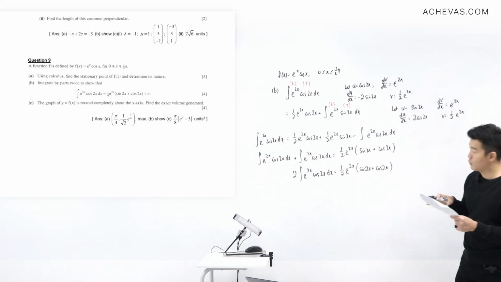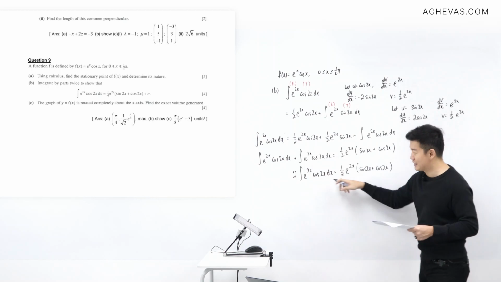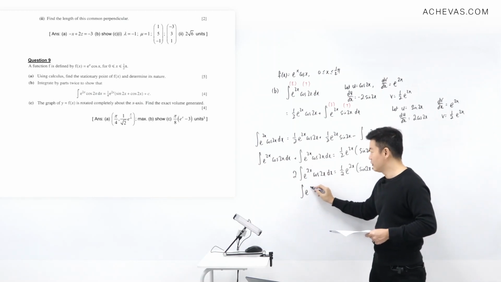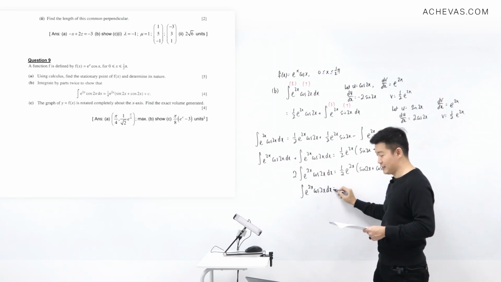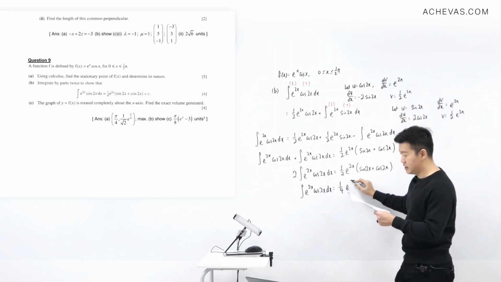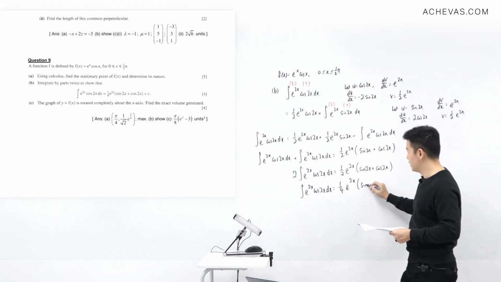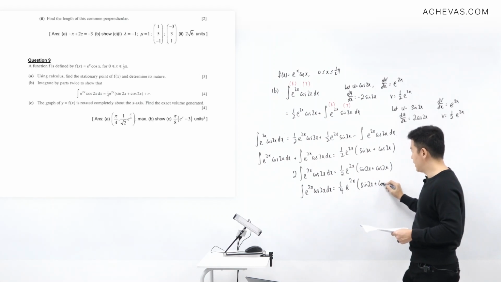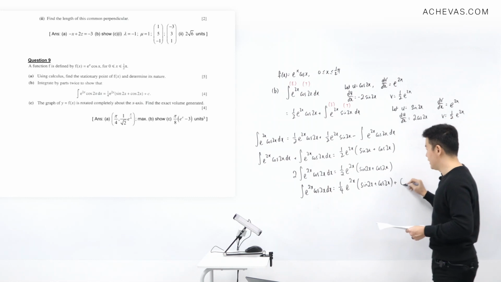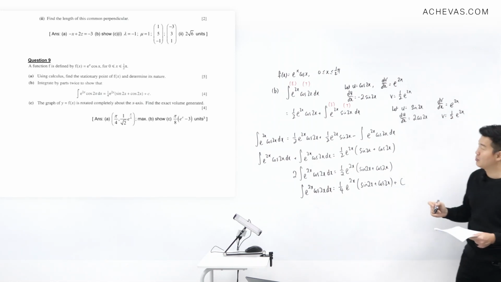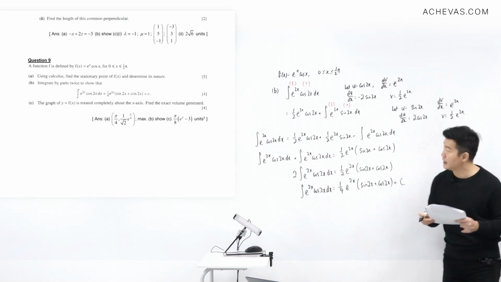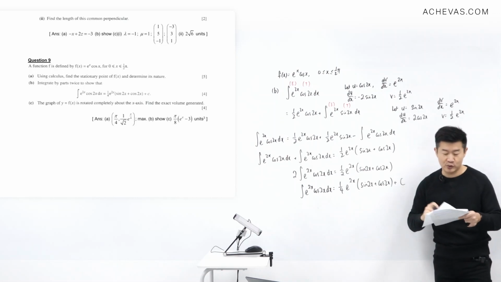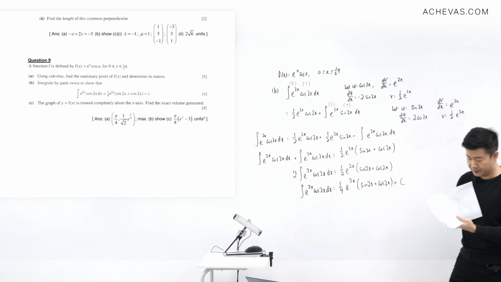And now I'm going to divide throughout by 2, so that this can become the subject. Integration of e to the power of 2x cosine 2x dx is going to be equal to 1/4 e to the power of 2x, sine 2x plus cosine 2x. Let's not forget about the arbitrary constant plus c. So this is what we are getting for B, and let's move on to the last part, C.